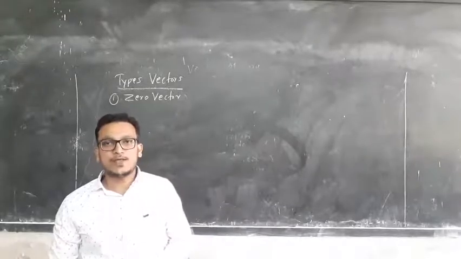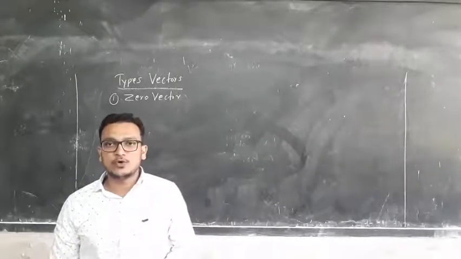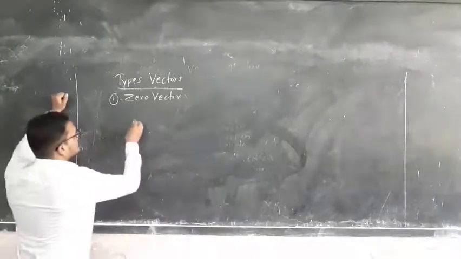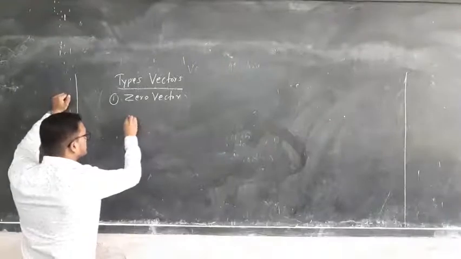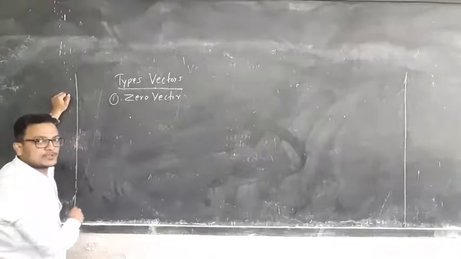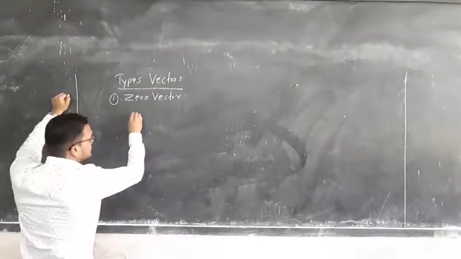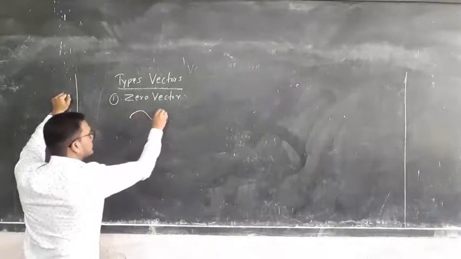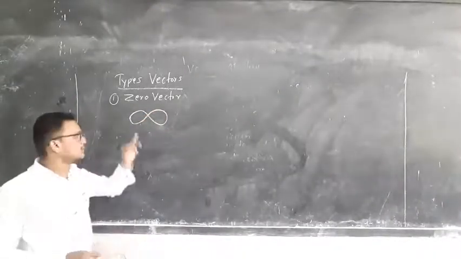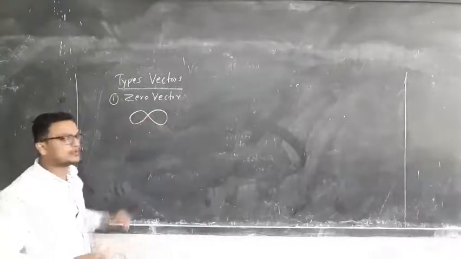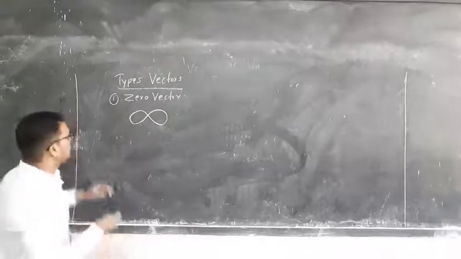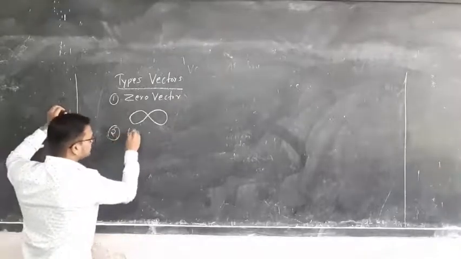Therefore such a vector is called a zero vector.